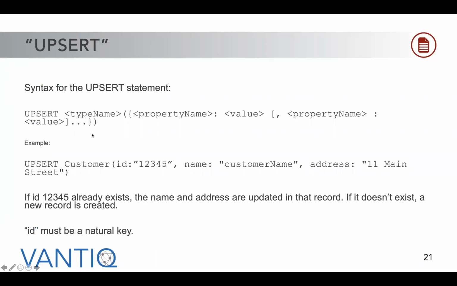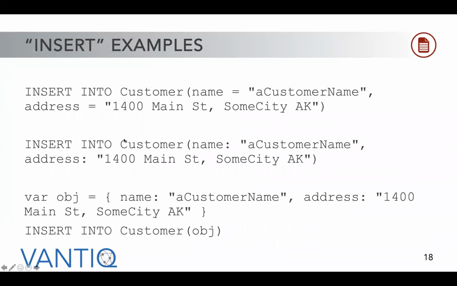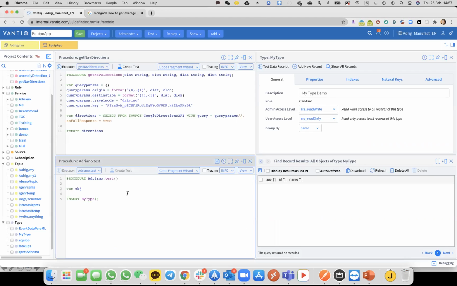For example, age equals 43, ID equals UID, which is an internal function of Vantiq, and name equals Adriana.